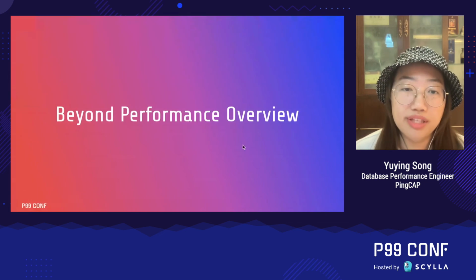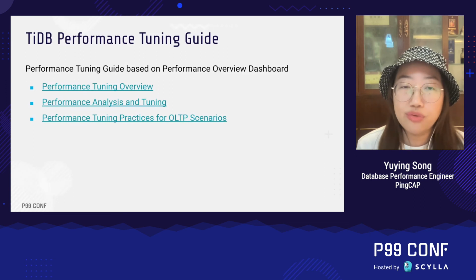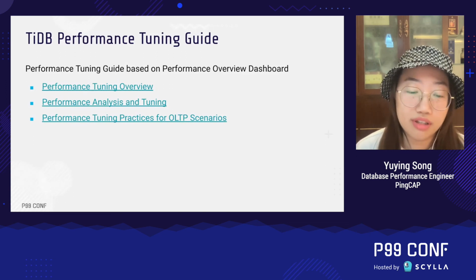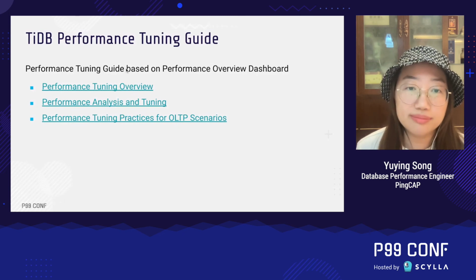And beyond performance overview, in order to help our users to use the performance overview dashboard and enjoy tuning TiDB, we also provide performance tuning guides based on the performance overview dashboard. There are three significant parts of it.